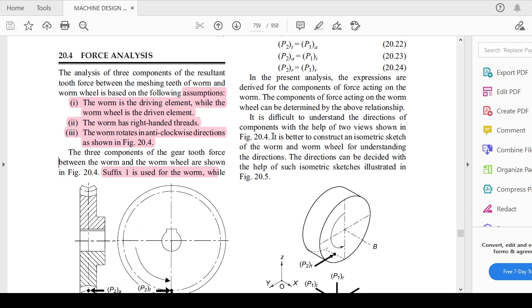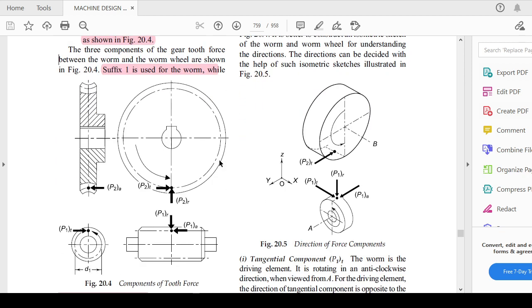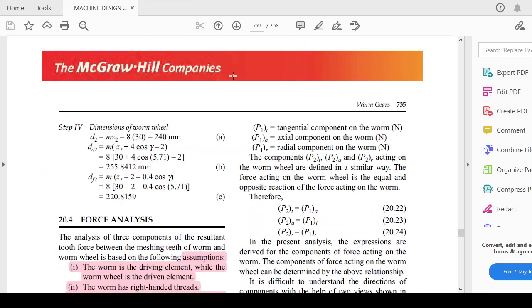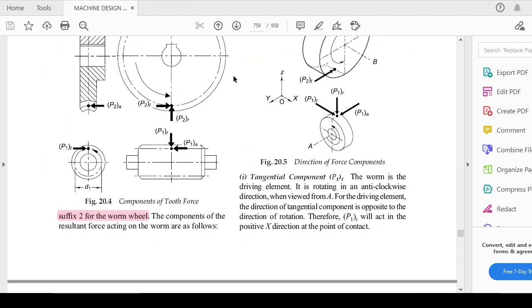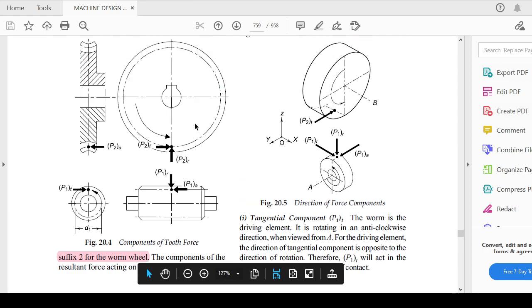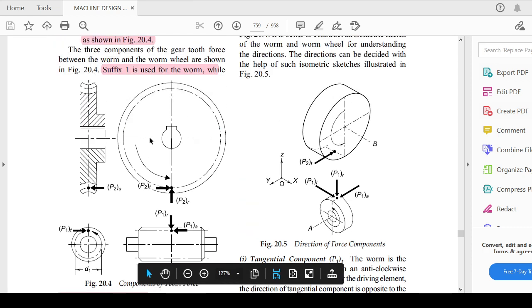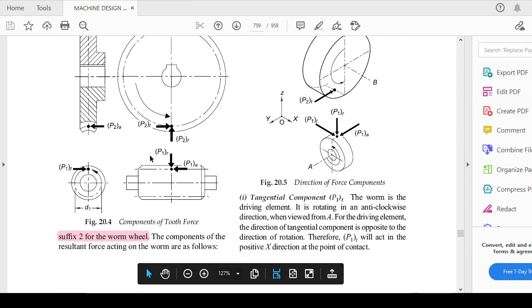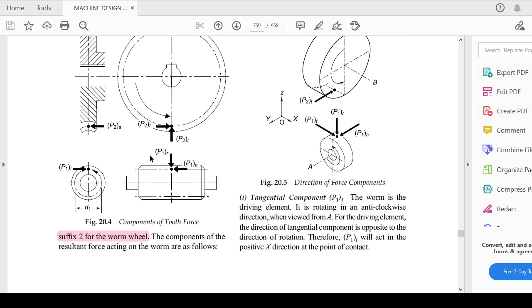These three components of gear tooth force of worm and worm wheel are shown in the figure. Suffix 1 is used for the worm while suffix 2 is used for the worm wheel. In the picture, this is P2A, the axial force on the worm wheel.